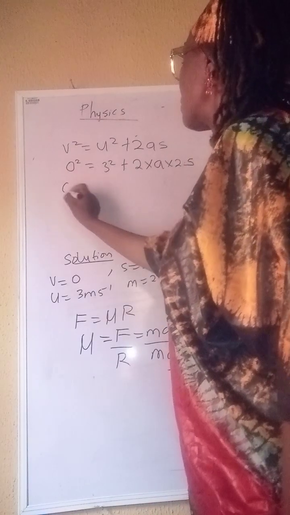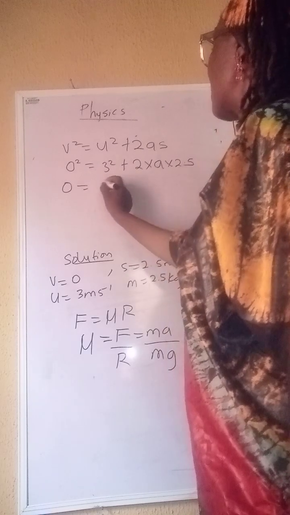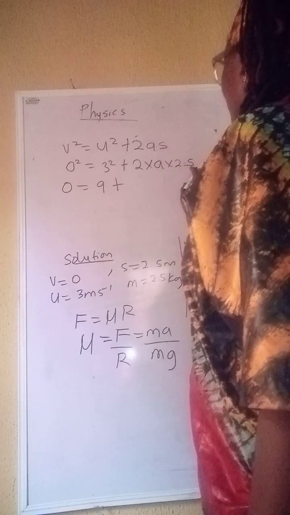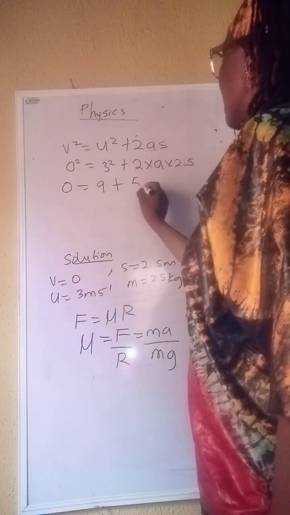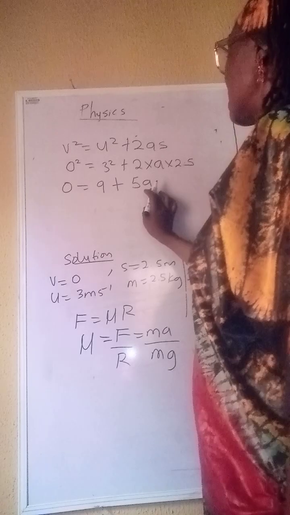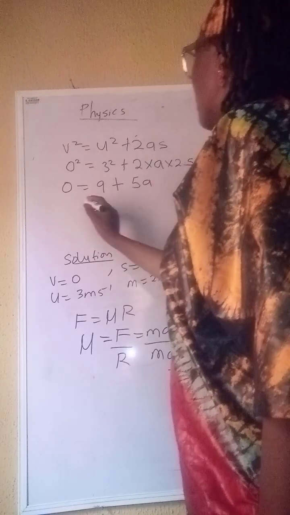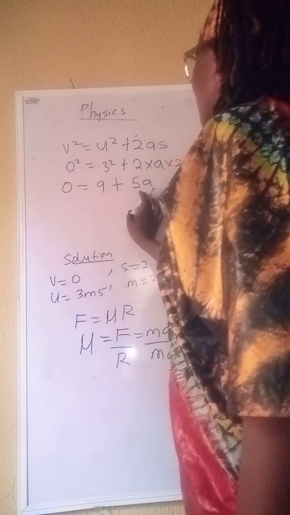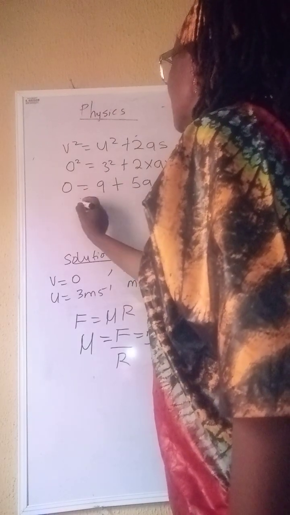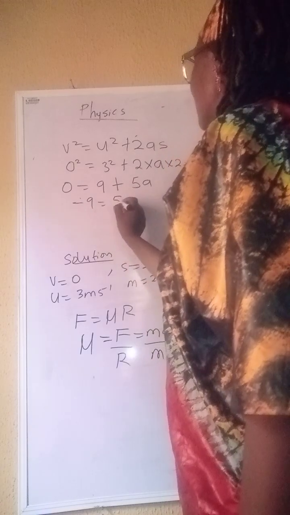So we have 0 squared is 0, 3 times 3 gives us 9, plus 2 times a times 2.5, which gives us 5a. Then this a will come down. Which one are we taking to the other side? Any one of them will be negative. So let's take this one to this side. We have minus 9 is equal to 5a.